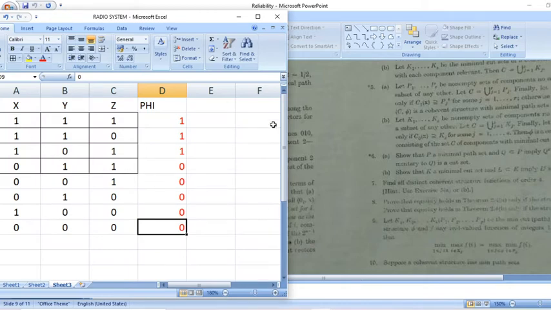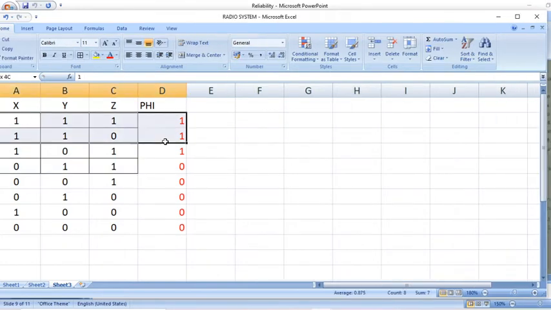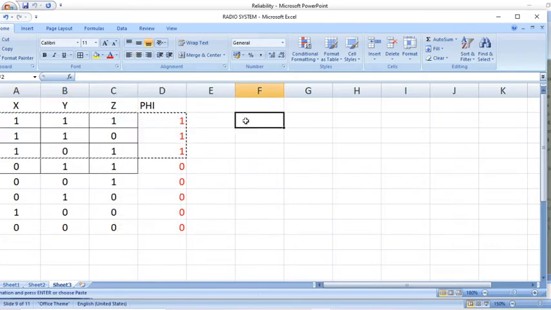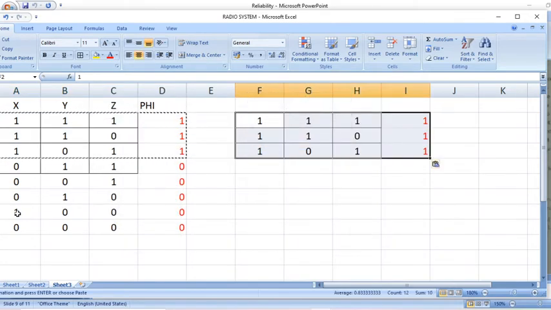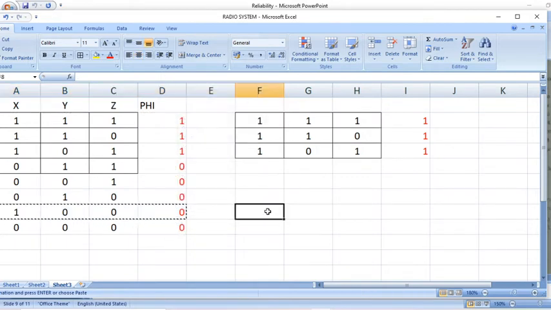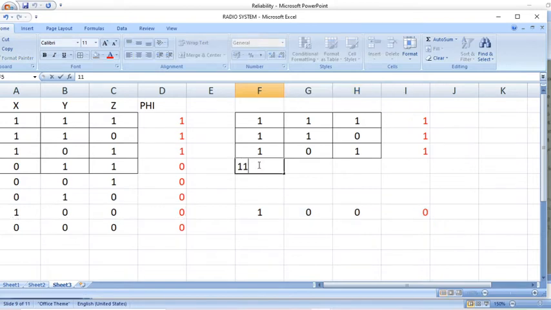Yeah, there are 4 components. How many vectors? 4 vectors. What are the vectors? 1 1 1, 1 1 0, 1 0 1, and 1 0 0.